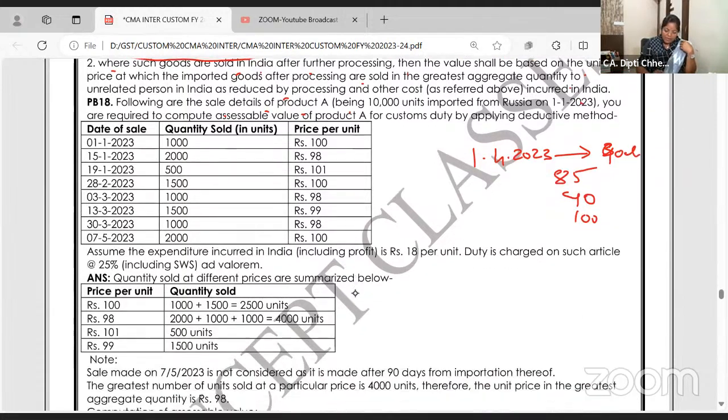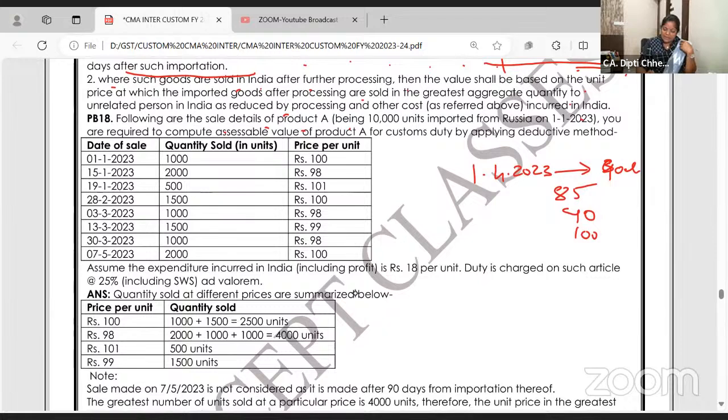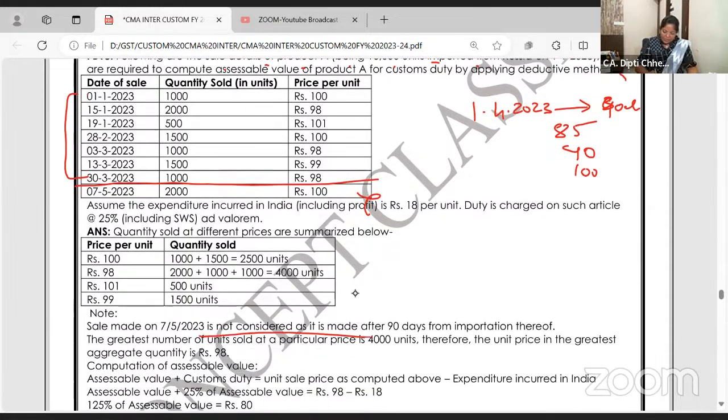Following are the details given to you. 10,000 units are imported. Now see. On which date did you import? January. So January plus 90 days, March. So this one you will not take. 7/5 you will not consider. Leave this one out. Now the rest that are imported: at rate 100, 1000, 1500, 1000 and 1500.